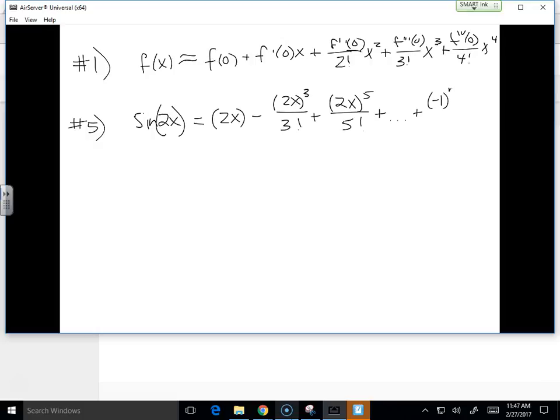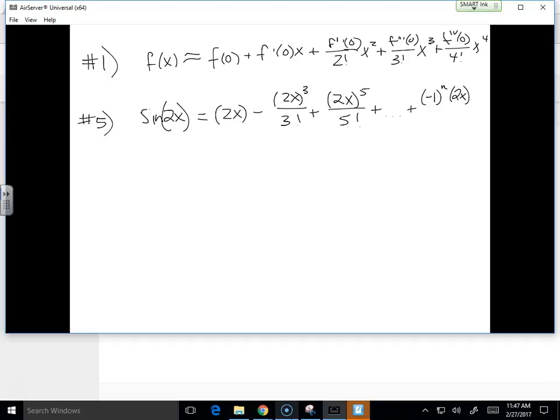If we start at n equals 0, then we could do negative 1 to the n. If we start at n equals 1, then we'd have to make it n plus 1. The 2x is repeatedly getting raised to odd powers starting at 1. How do you make an odd number? We could do 2n plus 1, because 2n would be even numbers and plus 1 would make it odd.